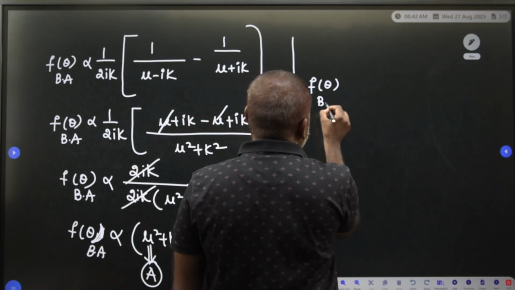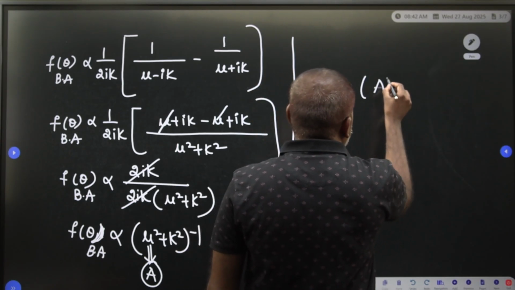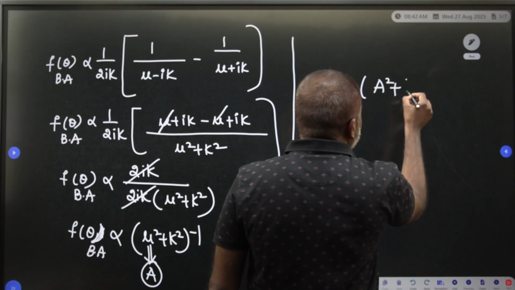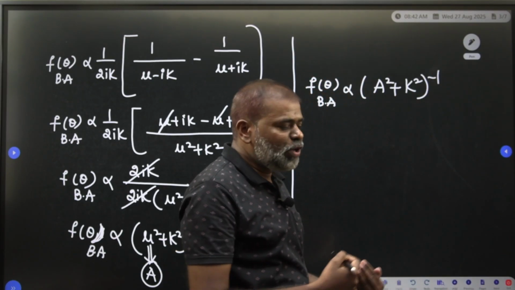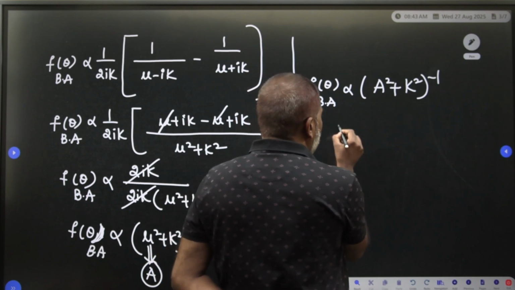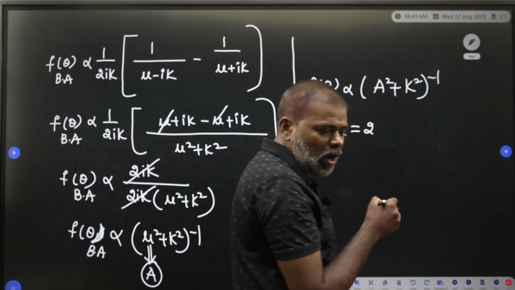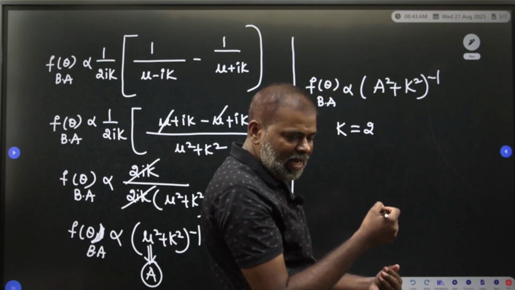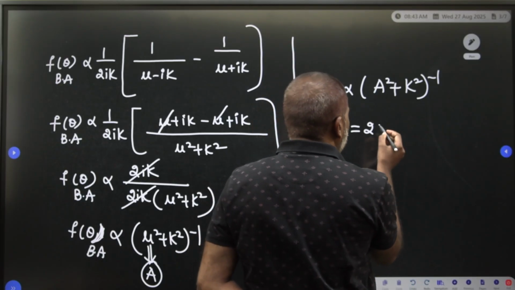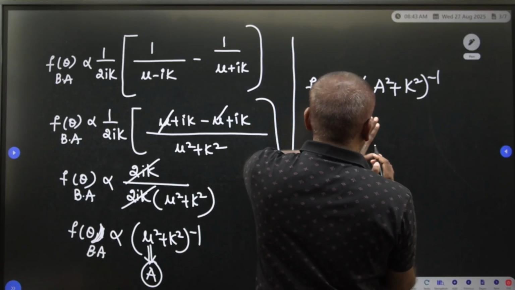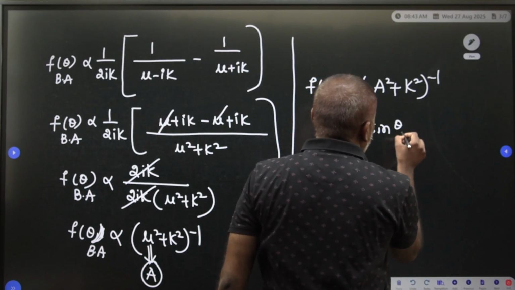So we write the scattering amplitude under the Born approximation is directly proportional to (a square plus k square) to the power of minus 1. But you know that k, the momentum transfer, is directly proportional to sin theta by 2.